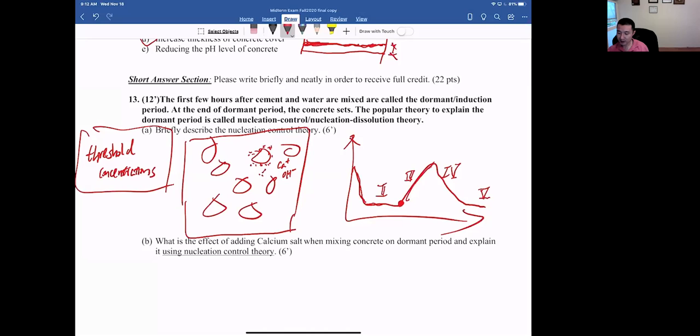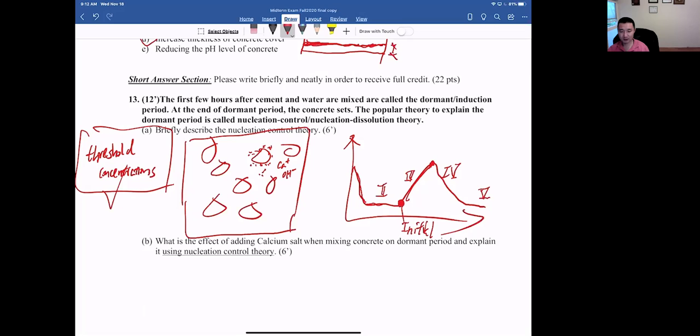So at the end of stage 2, it is initial set, because at that time we have more hydration product generated. And the final set time is here. So if you mention something about the threshold concentration, you will have the full credit.